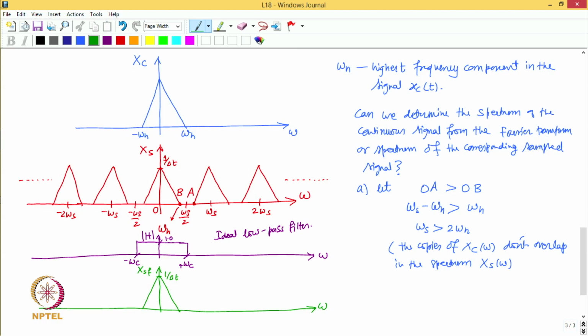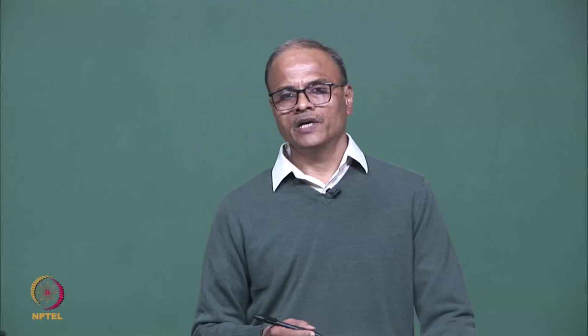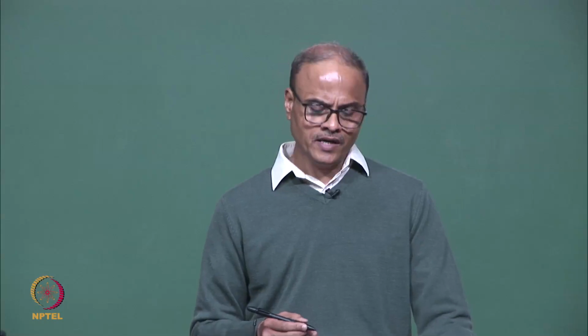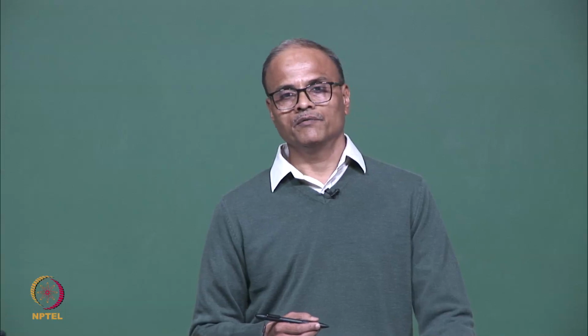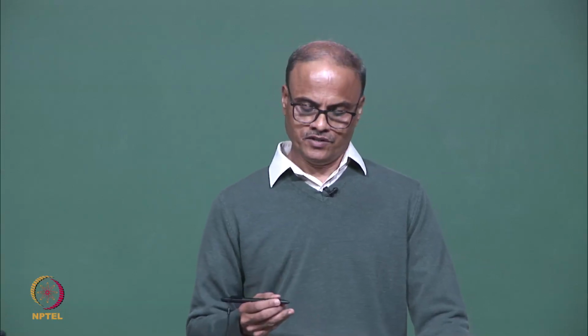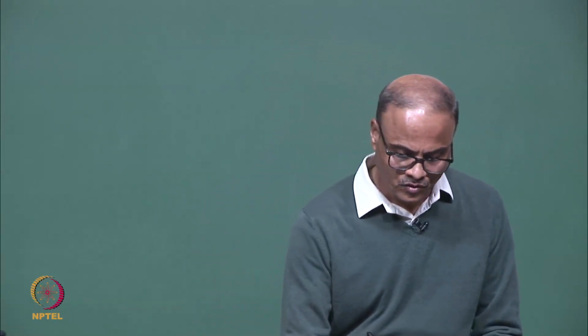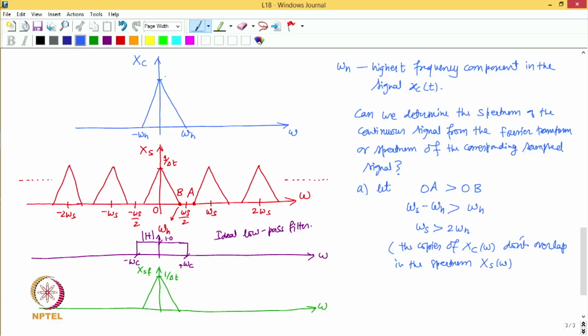When we compare XSF(omega) with Xc(omega), we see that there is only a difference of scaling factor 1 by delta t. If we appropriately scale XSF by dividing it by 1 upon delta t, we get the Fourier transform of the continuous signal. Also, let us say the magnitude of Xc(omega) is 1 here.